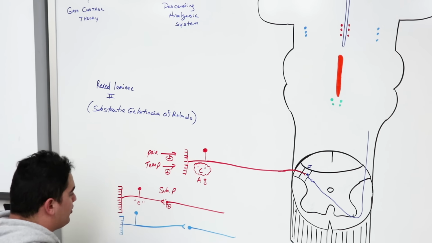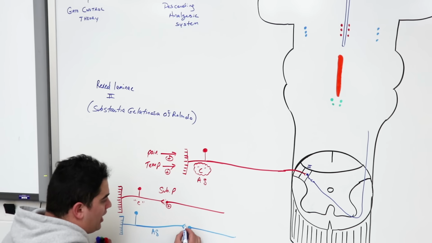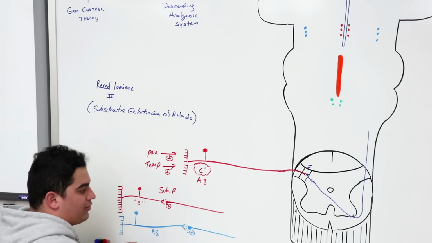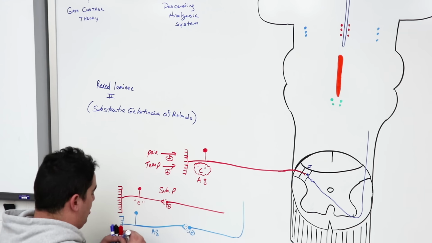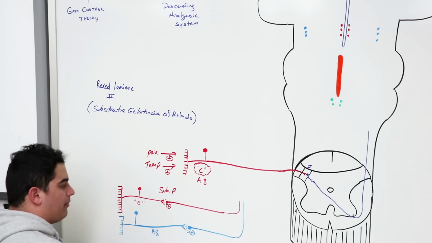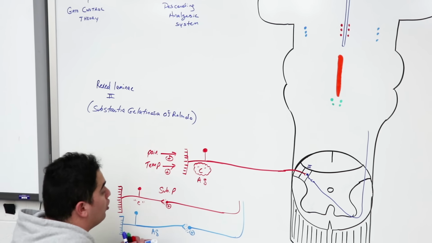But what about the A delta fibers? What chemicals are they releasing to stimulate this second order neuron and send the action potentials upwards? Here is the anterior lateral system. The chemical they release into that synapse is called glutamate.